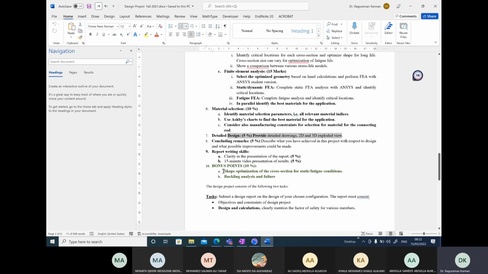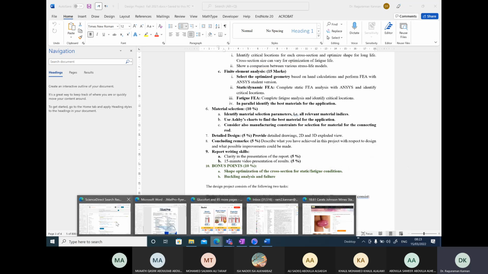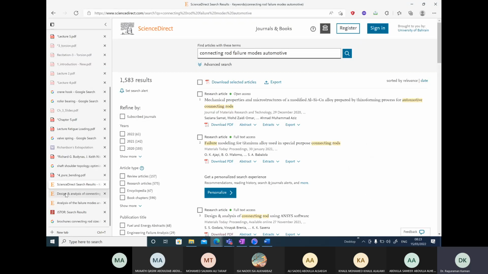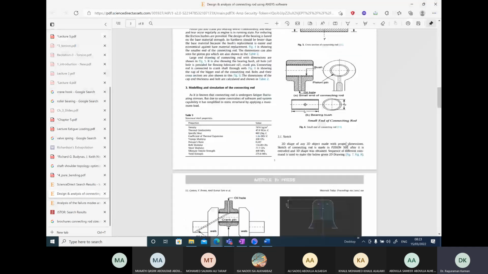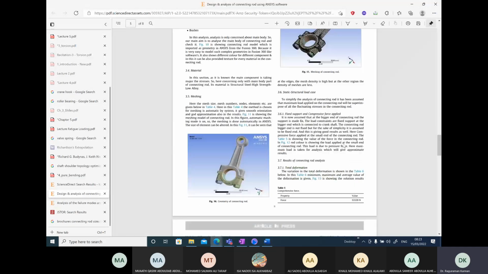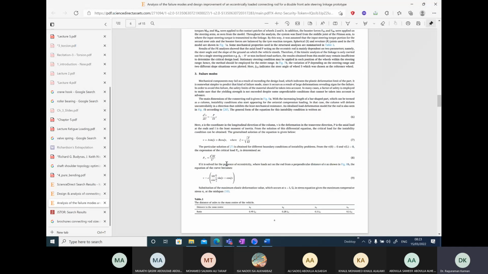Shape optimization or topology optimization is some kind of bonus mark, and so is buckling analysis. If you do buckling, because anything under compression undergoes buckling. We have already seen one example here, one of the papers we just saw on failure.